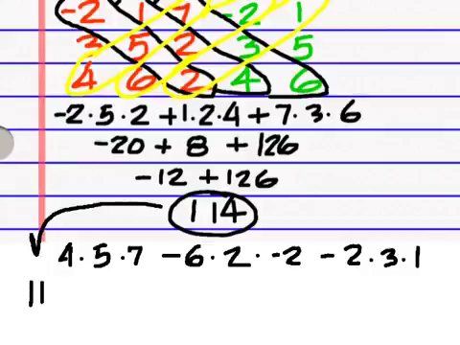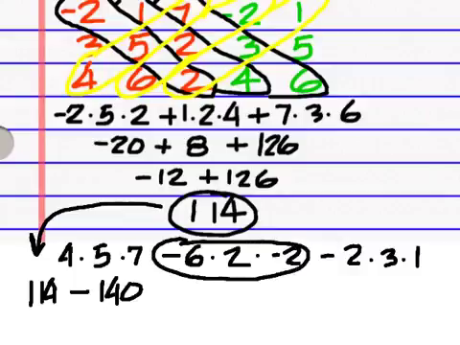So it's a good idea to slip this in here, 114, and then put minus 140. And then you're going to have minus whatever this quantity is. You have two negative signs in there, so it's plus 24, and then minus 6.